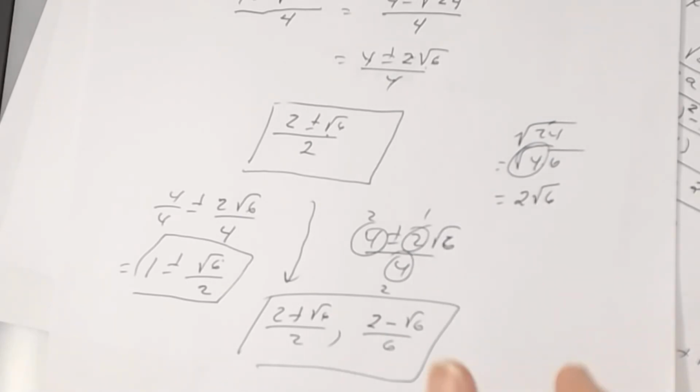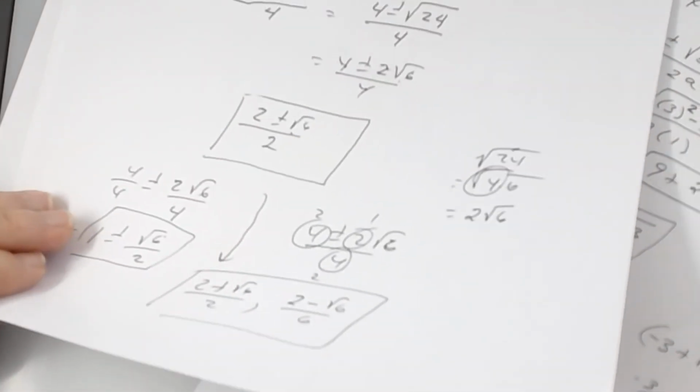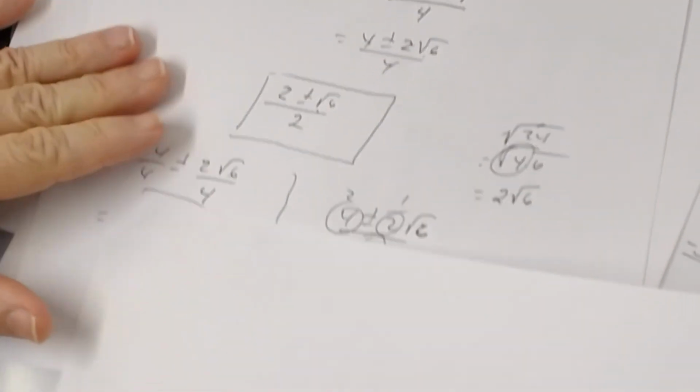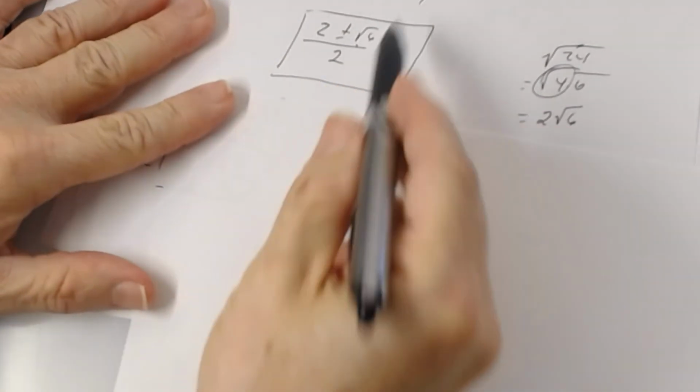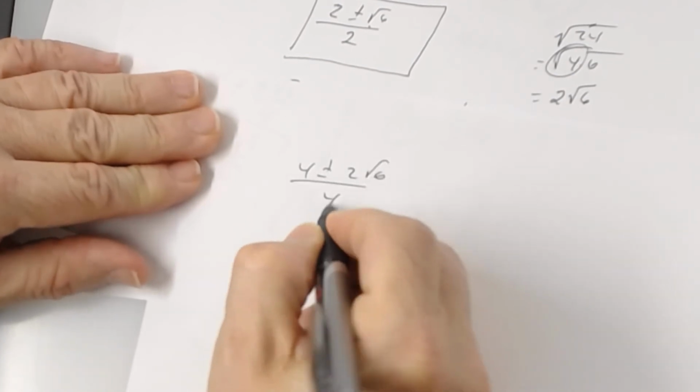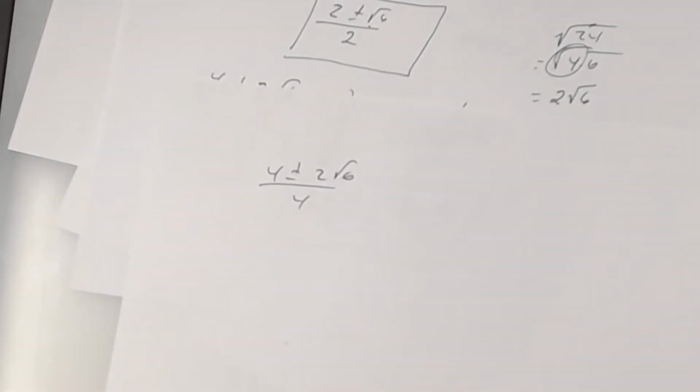Now, here's a mistake people make. Let's suppose you got to this point here, and you did this. I'm just telling you the kind of mistake that some of you will make if you're not careful.